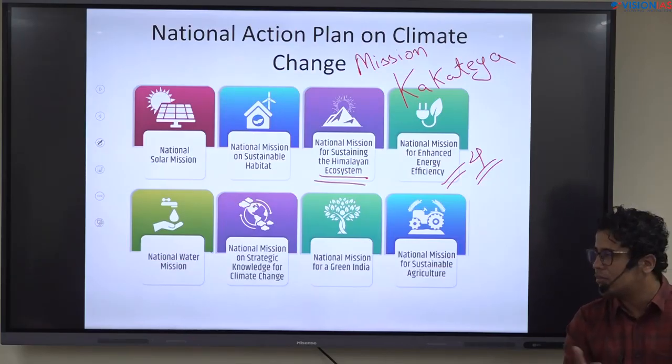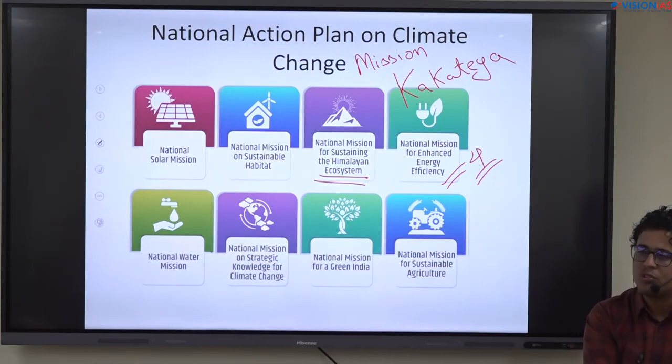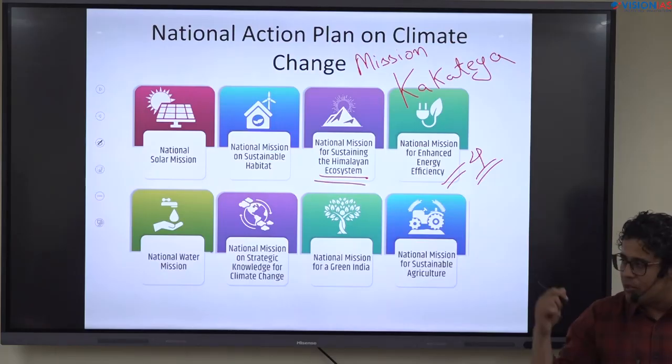Collecting rainwater can solve so many problems, so many social problems it can solve. It is not a scientific exercise. What was happening 1,000 years ago, you can do this right now also. No rocket science. Just collect rainwater. So read about this mission, write it as your homework. Read about Mission Kakatiya.